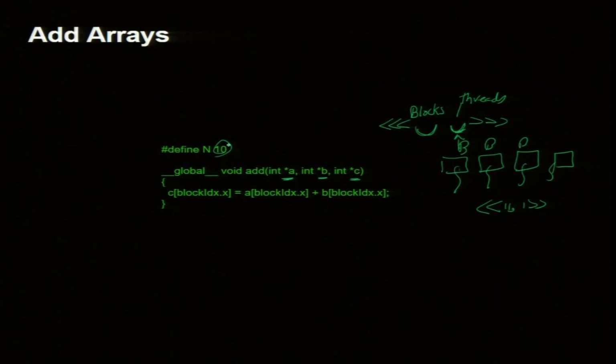For this example I use n blocks with one thread each, and the syntax for this is here. This blockIdx.x is also a keyword. You can't use that word for your own variable name.